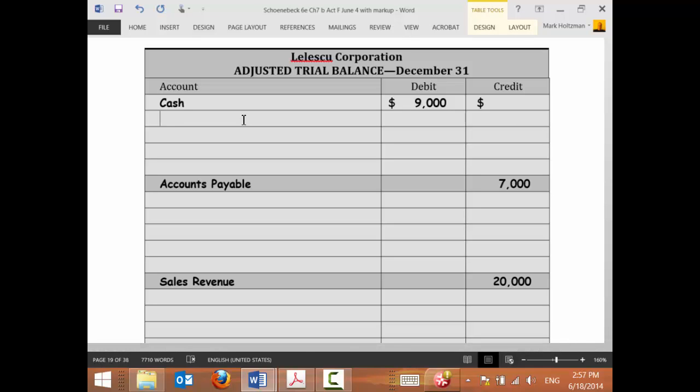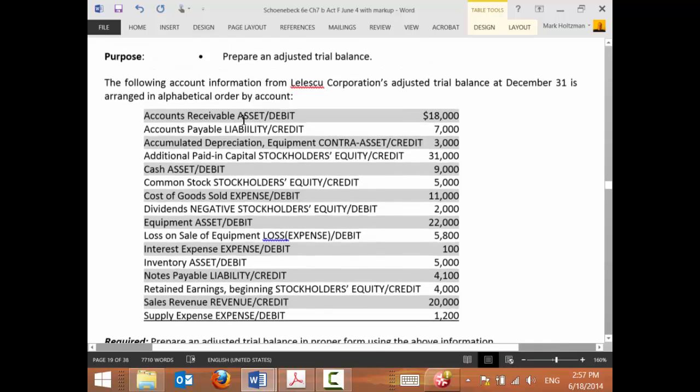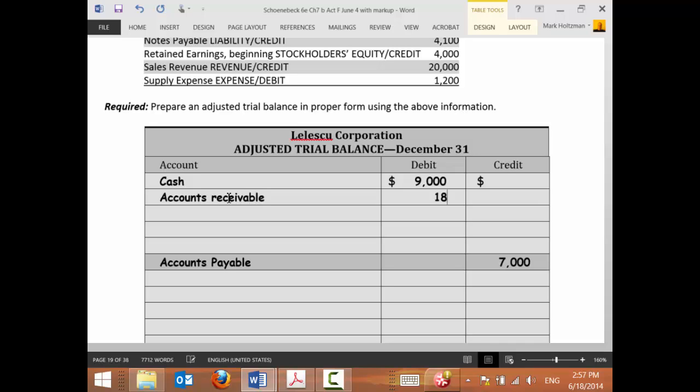Now let's go through the different assets that we have here. We go in order of liquidity. So order of liquidity would say that the next thing is going to be accounts payable. Oops, sorry, wrong line. Accounts receivable, I'm sorry. And accounts receivable has a debit balance of $18,000.